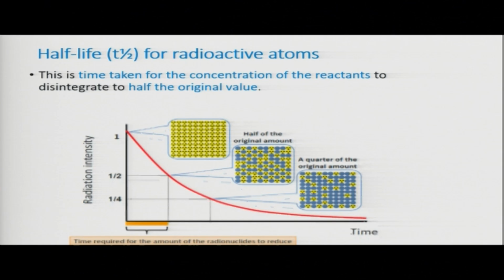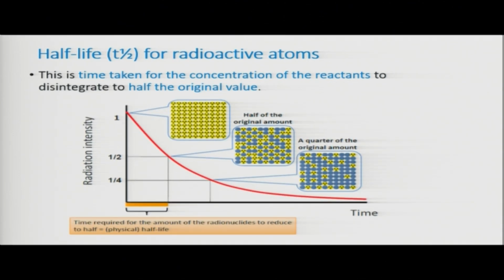What do I mean? Let's internalize our graph. Suppose I start with one atom. The time that it will take for that one atom to decay or to disintegrate and give a half of it is what we call the half-life.